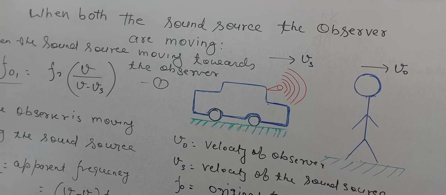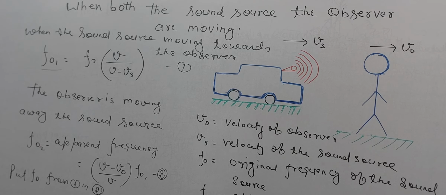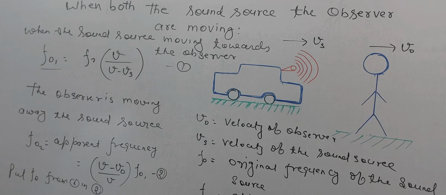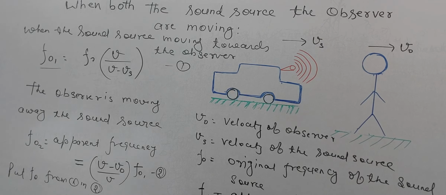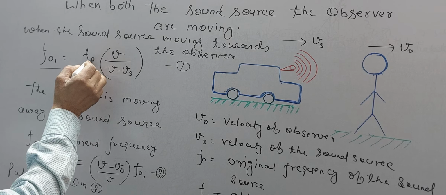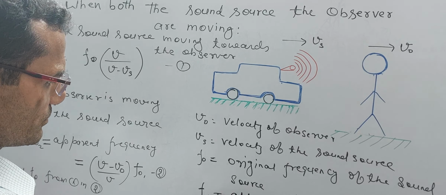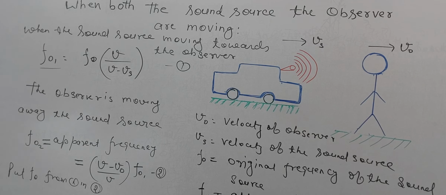So now putting the values from equations first and second, FO is the original frequency, and this is the final apparent frequency, which I have written as FO2.